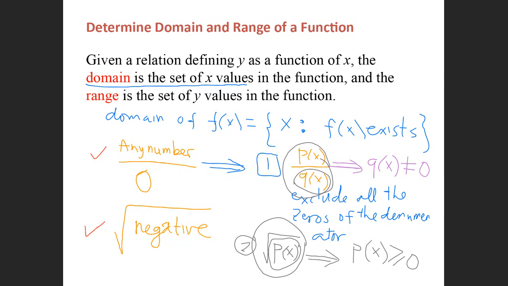Okay, let us have an example dealing with these cases. Let us assume f of x equals the radical of 6 minus 2x, and I would like to find the domain of this function.